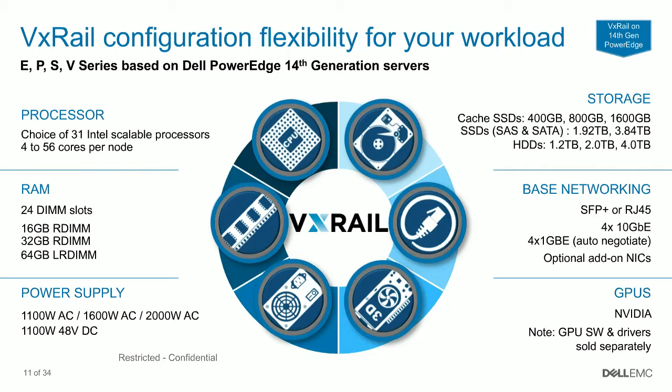That's a bit of a change from 13G, where we could have 2 by 10s, 2 by 10 and 2 by 1s, or 4 by 1s. And GPUs, then NVIDIA. Something to note with the GPUs, and this has always been the case, is that the GPU software, the VIBs or additional software that's needed, is not installed in the factory. So that's a post-deployment configuration that's needed.